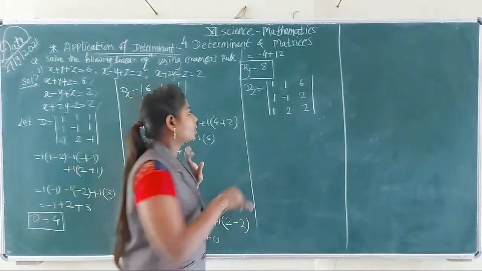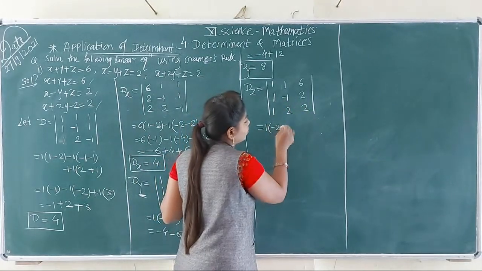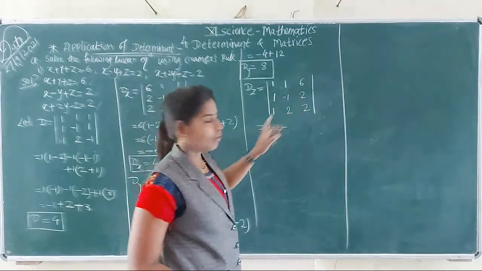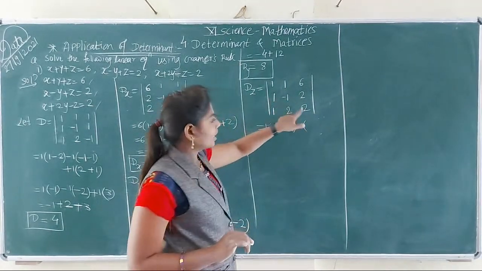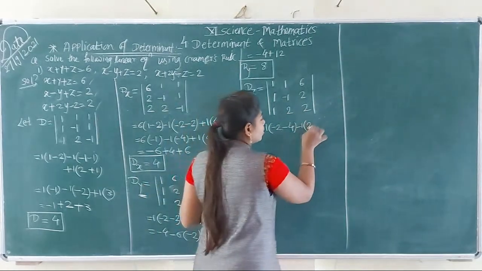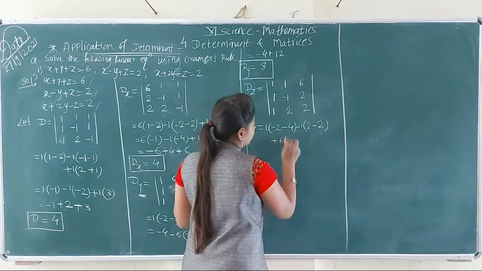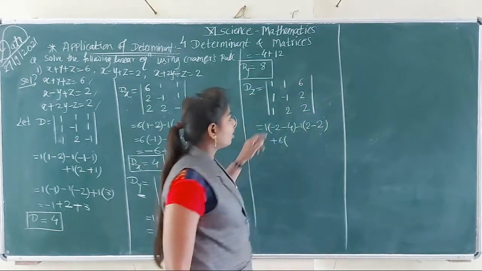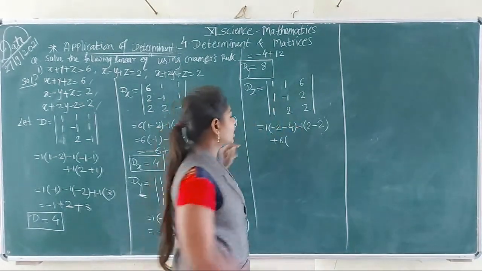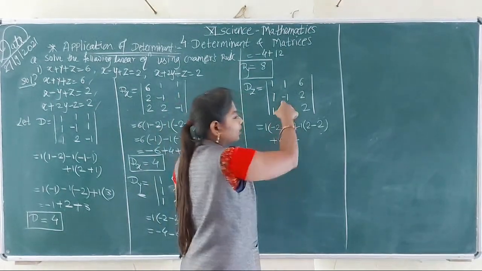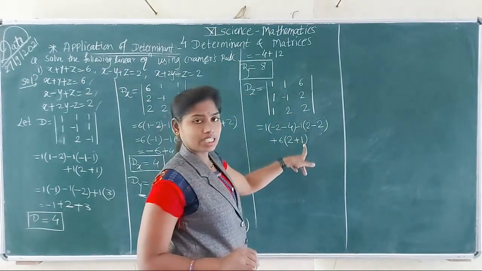Now solve this determinant. That is 1 into minus 1 into 2 is minus 2, minus 2 minus 4 is minus 6. Then minus 1 into 2 is 2, minus 1 into 2 is 2, plus 6 into: delete the first row and third column and take cross multiplication for the remaining elements, that is 1 into 2 is 2, minus 1 into minus 1, that is minus becomes plus, and 2 plus 1 is 3.